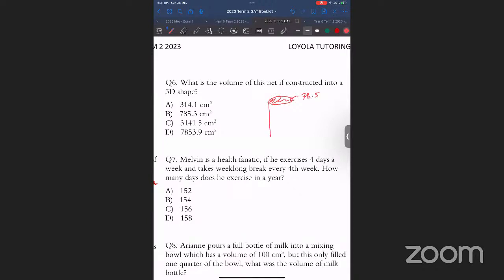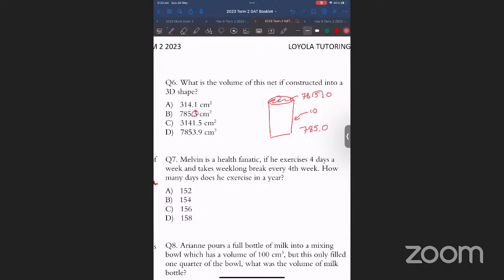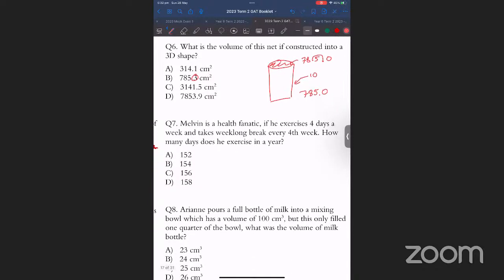And then the height, because it's a square, we know that it is 10. So you just have to multiply it by 10. 78.5 multiplied by 10 is 785.0. But obviously in here it says 0.3 because it's a rounding error. If you use the calculator, you would have more numbers at the end, but here you wouldn't. So the answer is 758.3.